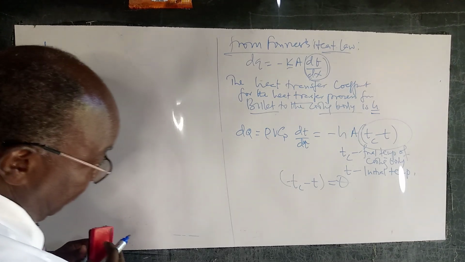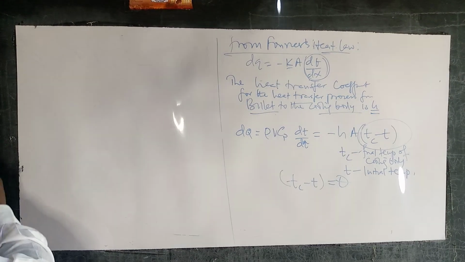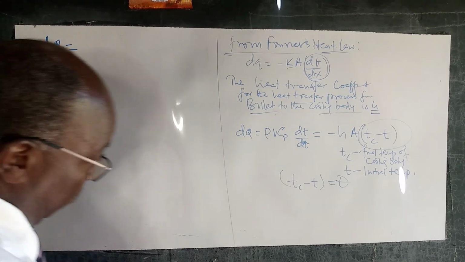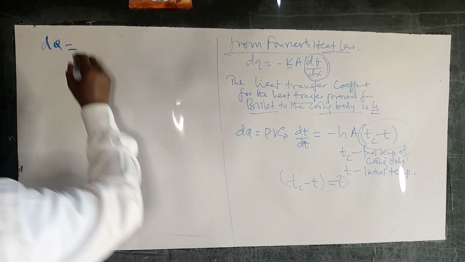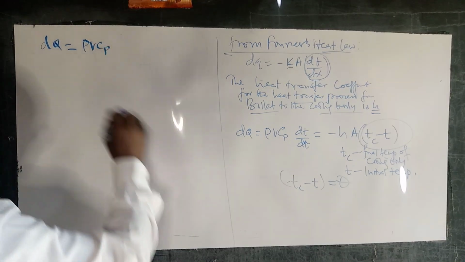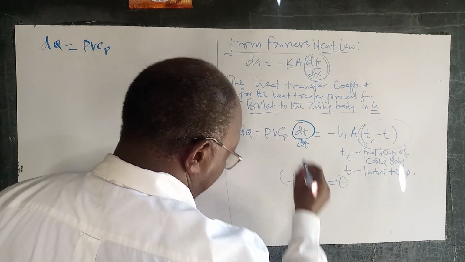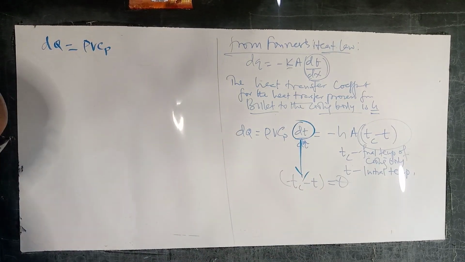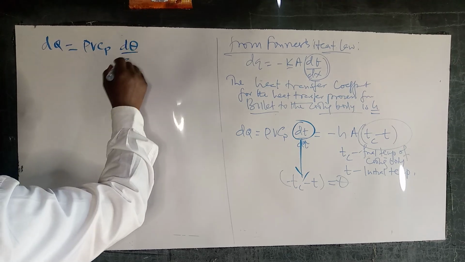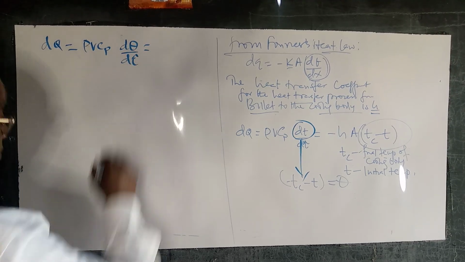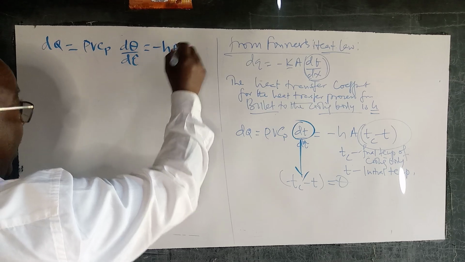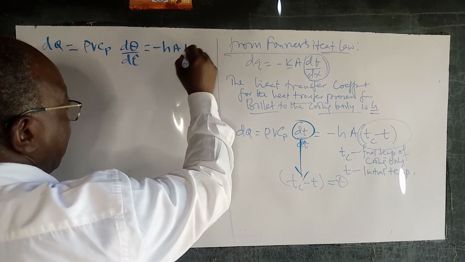So we have dq is equal to rho V Cp times the change in temperature, which we have called theta, d theta, over the time interval. That should be minus H A theta.